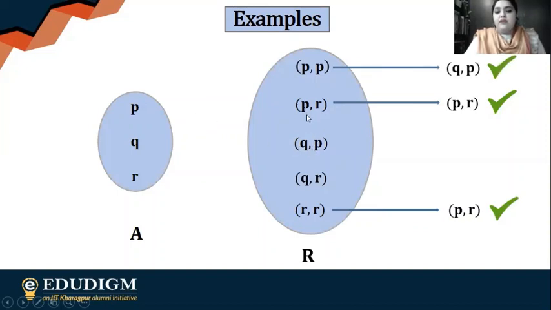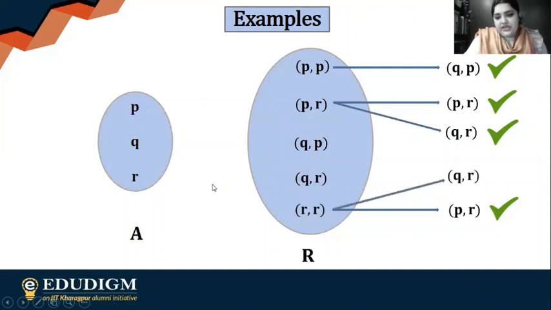We have (Q, P) and (P, R), so obviously (Q, R) is present. There's nothing else starting with P, so we are done with (Q, P). Then we move on to (Q, R), for which we have (R, R). So obviously (Q, R), we check that it's present. And finally, when you move on to (R, R), you don't see anything else starting with R, so you don't need to check this.